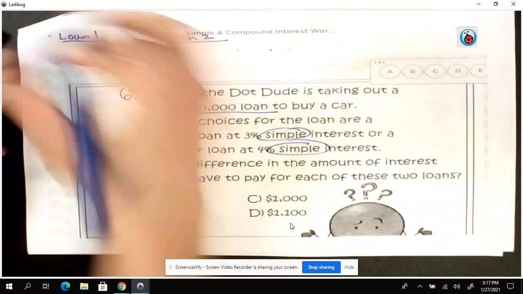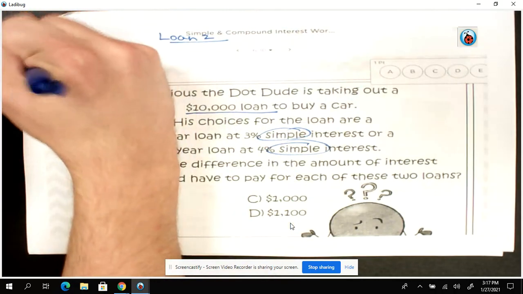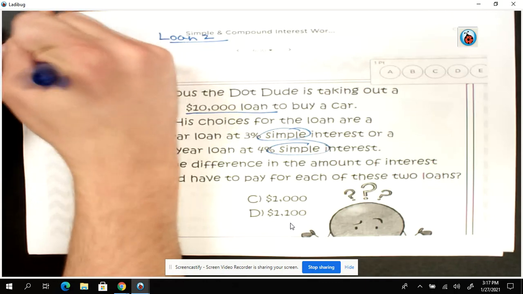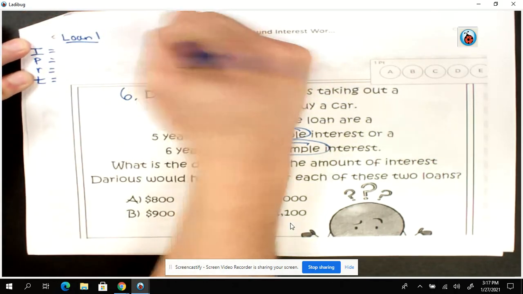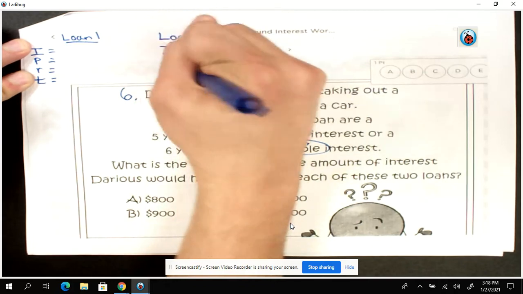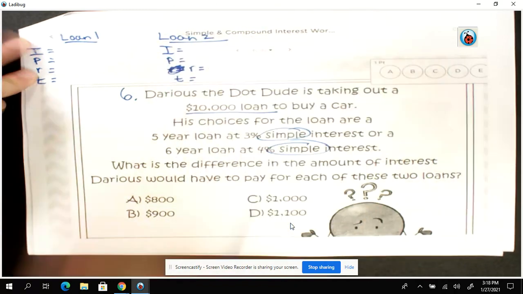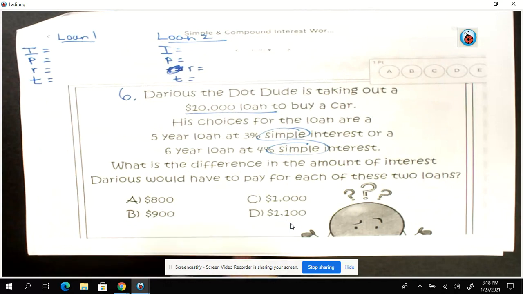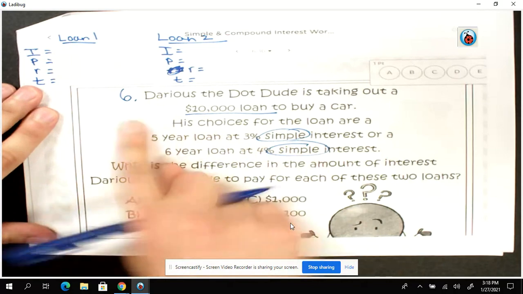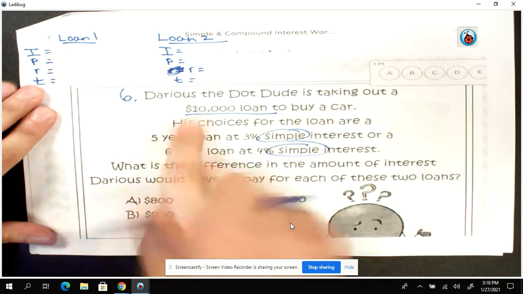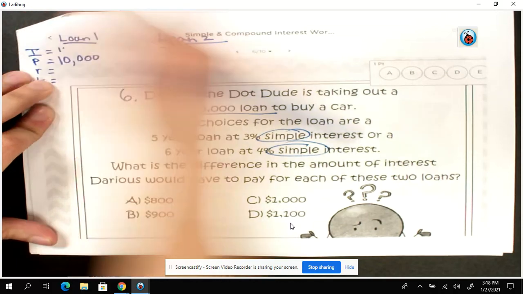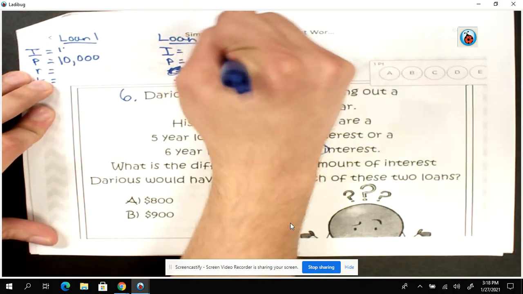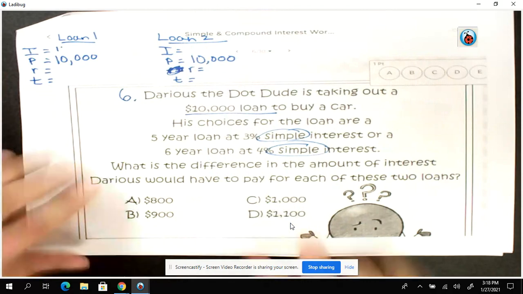We're going to have separate columns: I equals PRT, with P, R, and T. So let's do the first one. He needs $10,000, so 10,000 is going to be the principal for both, because he has one fixed amount that he needs to borrow, and he's shopping around.